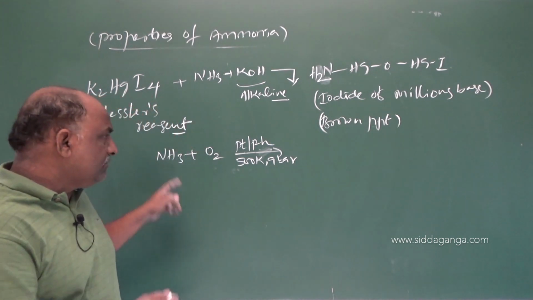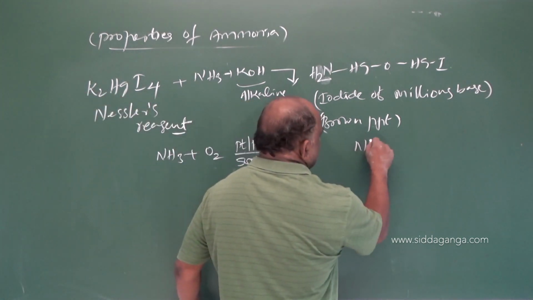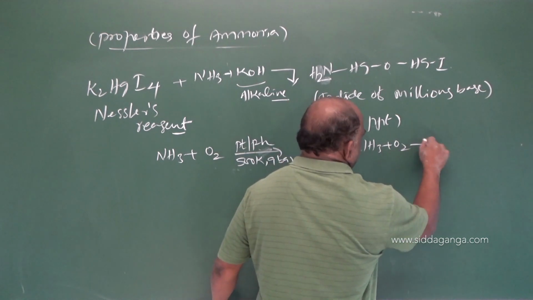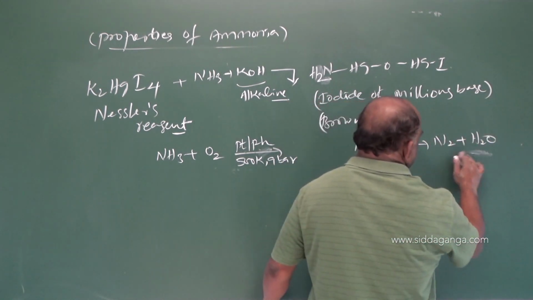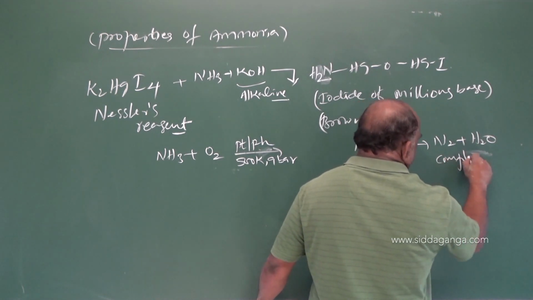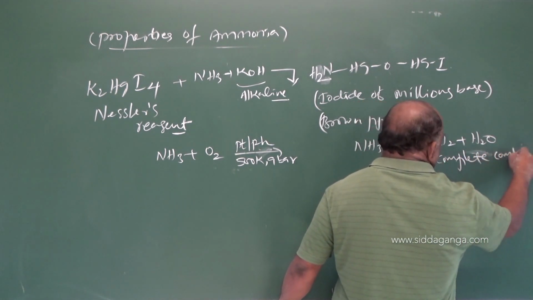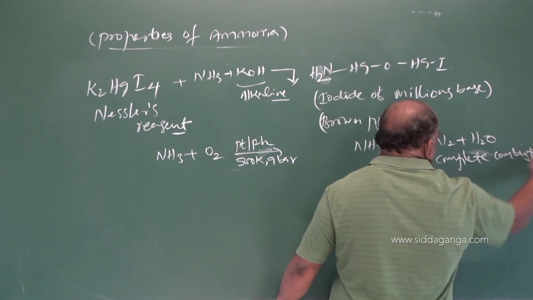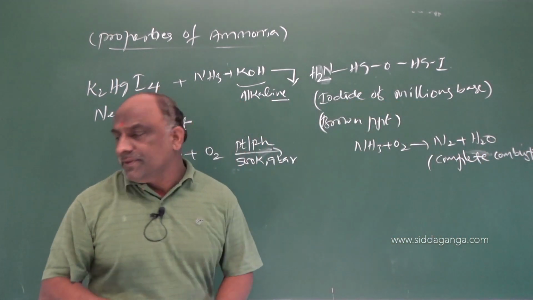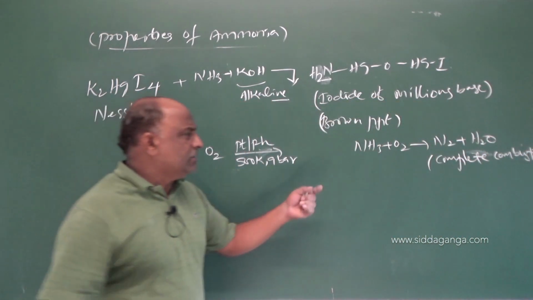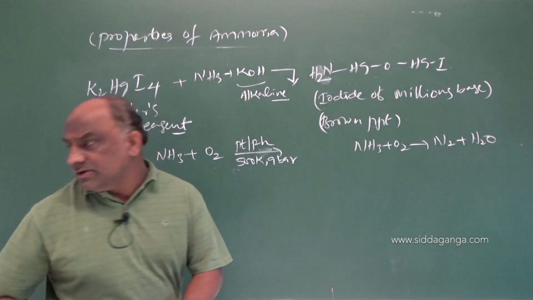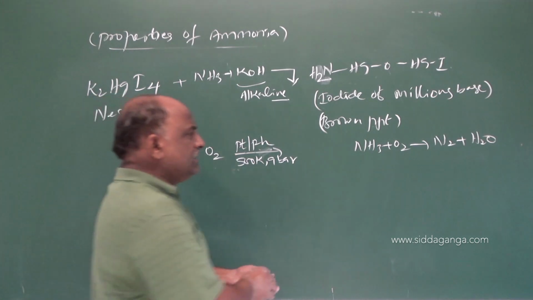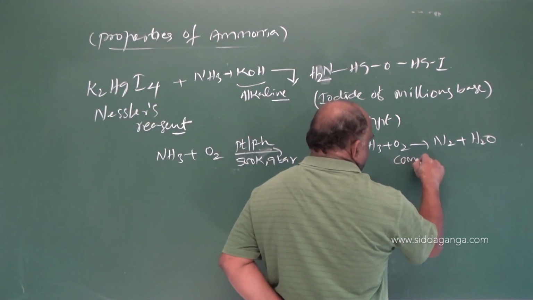If complete combustion, see this: NH3 plus O2 gives N2 plus H2O. This is said to be complete combustion, which means liberation of nitrogen gas and formation of water molecules.